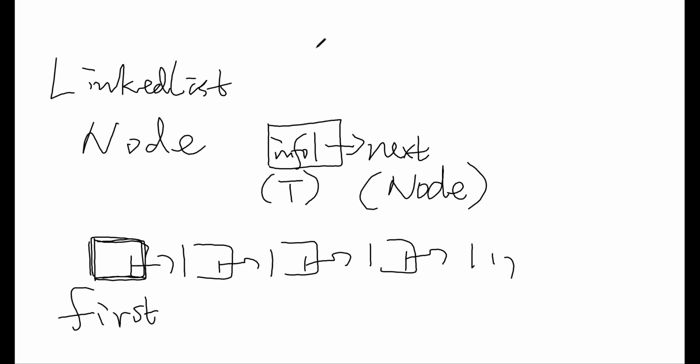The last node is identified by its next being a null value. So that's the general concept that we learned last class.